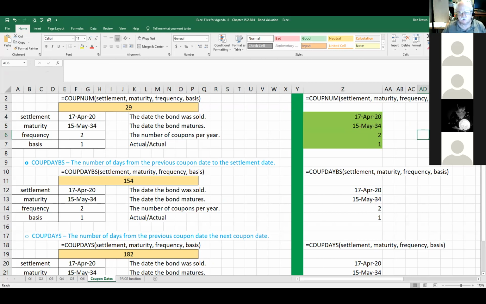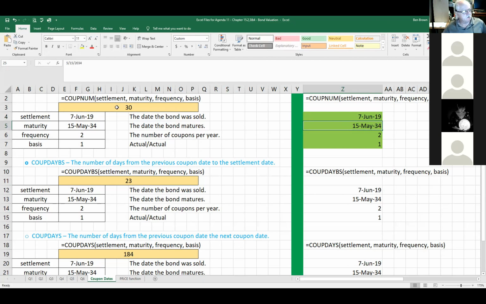The bond was sold on June 7th, 2019. So the settlement date was June 7, 2019.